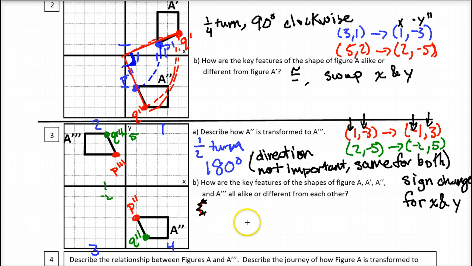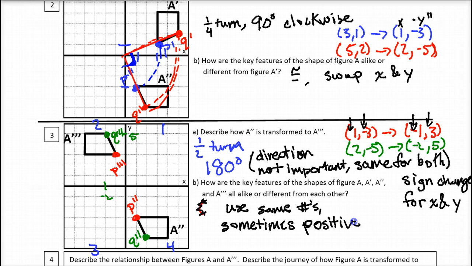Okay, so the coordinates, we use the same numbers over and over and over again. You use the same numbers, but sometimes positive, sometimes negative.